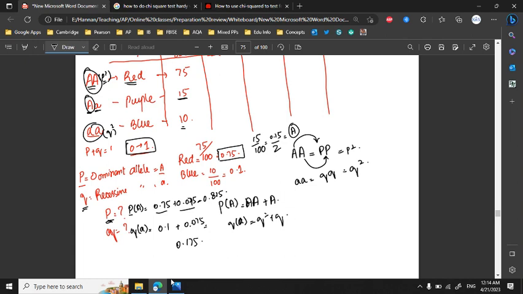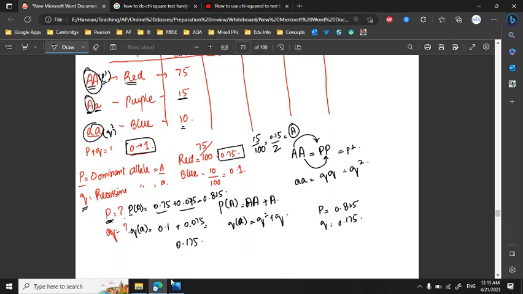Okay, now you have got it. P equals 0.825, Q equals 0.175. All right. Now you are finding out the values that are expected.